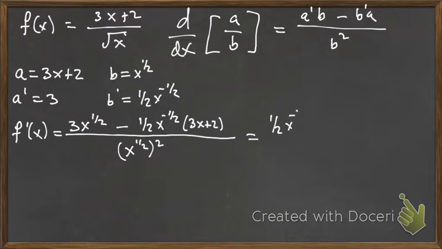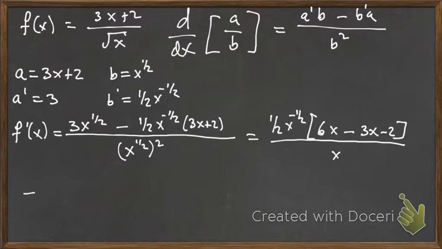Okay, so take out that 1/2 x to the minus 1/2, and we have 6x minus, and distribute the negative sign, 3x minus 2. X to the 1/2 squared, remember that's the square root of x squared, which is just x. We're going to go ahead and take this, move that down.